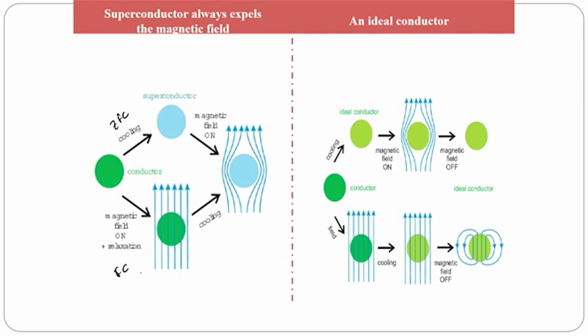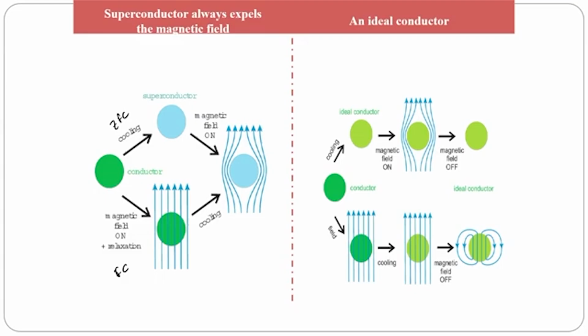If you do it under the field cooled condition, that is, put in a field and then cool it, the result is the same. It gives you the same superconductor at the end, which means that irrespective of whether you take a ZFC or an FC, you get this picture, that is, the magnetic field is pushed outside. This is called the Meissner effect.